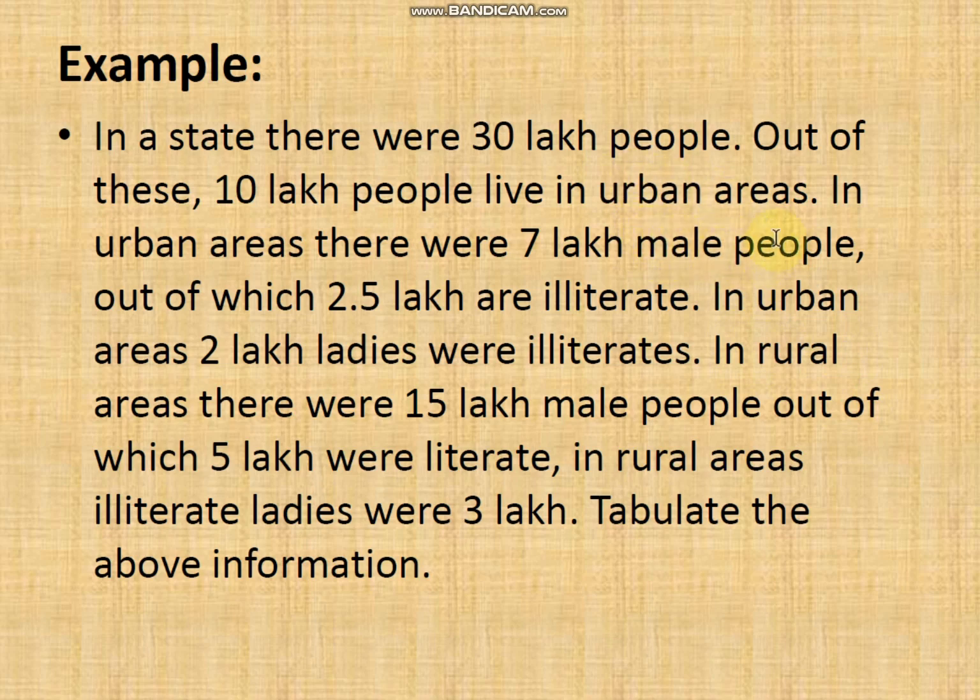Another entity here is males and females, gender. And another entity is literacy, literates or illiterates. So the data has three entities here. One is region, urban or rural. Second is gender, male or female. Third is literacy, education, literates or illiterates. So we have to tabulate the above information.